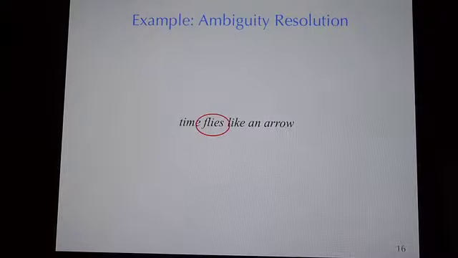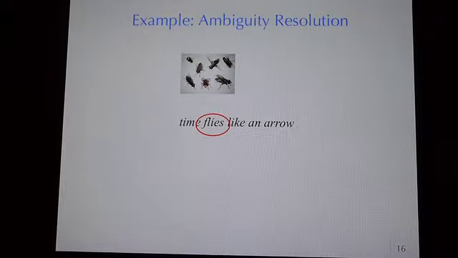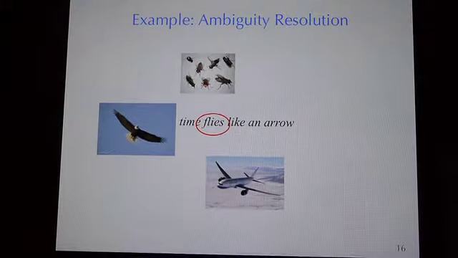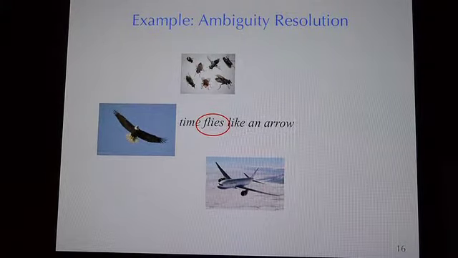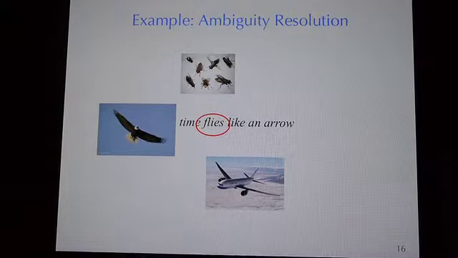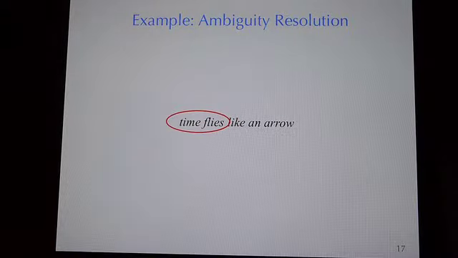Similarly, for the second word, we can talk about a bunch of insects, flies, or we could be talking about a verb of a bird, describing a bird soaring in the air. Or we can talk about a completely different type of flying, an aeroplane flying in the air, which is a different kind of action. So again, you see that interpreting a single word in the sentence already is a difficult task, and the combination of these two together could then also be ambiguous.